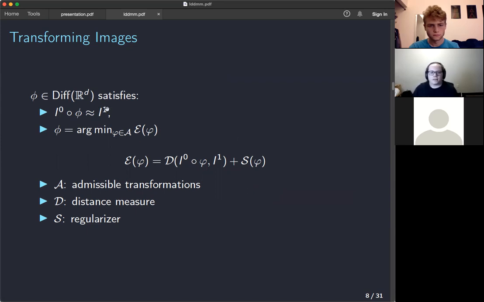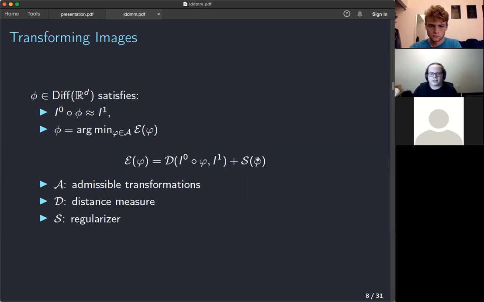So how do we find this? Well, we have to solve a constrained optimization problem. You can think about it from physics, where you have an energy equation and you want to minimize the energy. Here we have an energy functional, where phi is going to be the argmin over some set A of this energy functional of phi, and the energy functional is going to be two terms. First is the distance measure between the warped I0 and I1.